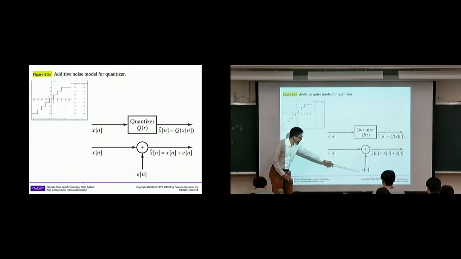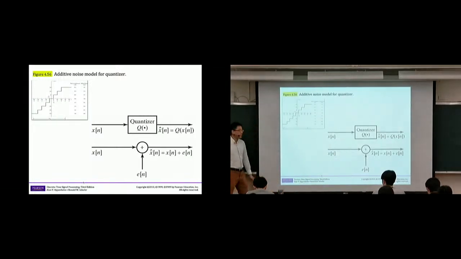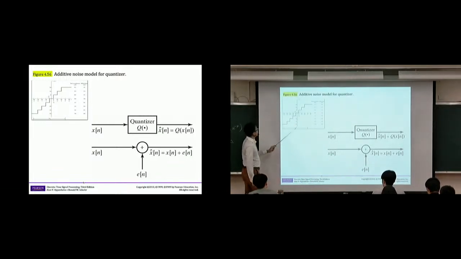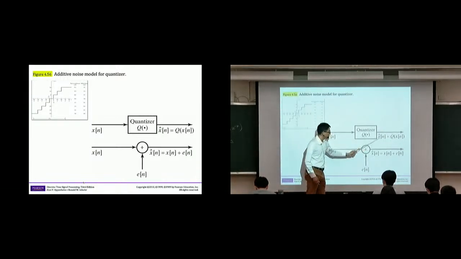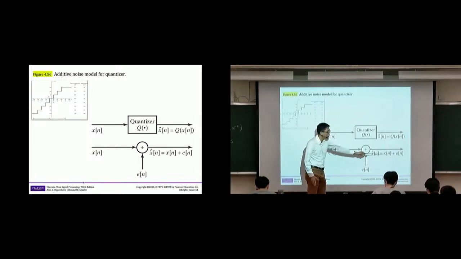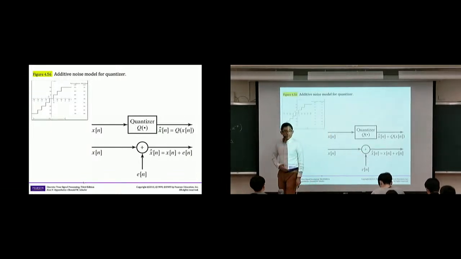We can think of error as something being introduced. The two of them add, and the result has a hat. This result is after quantization: x hat as a function of x. x hat is of course a function of x, but you can equivalently think of it as if x hat is x plus error.